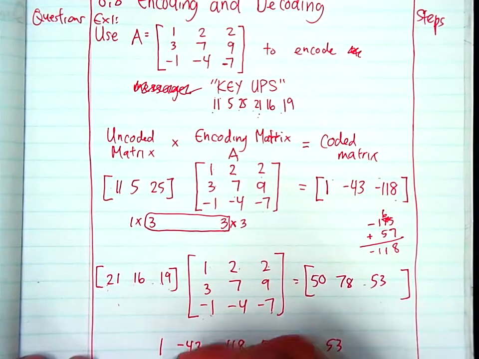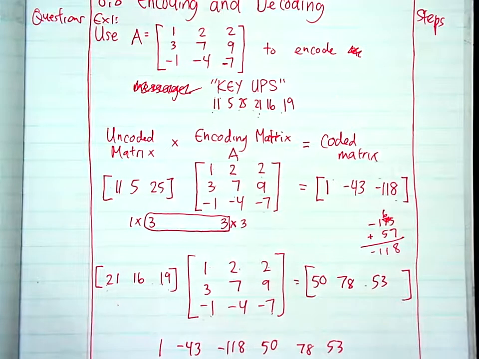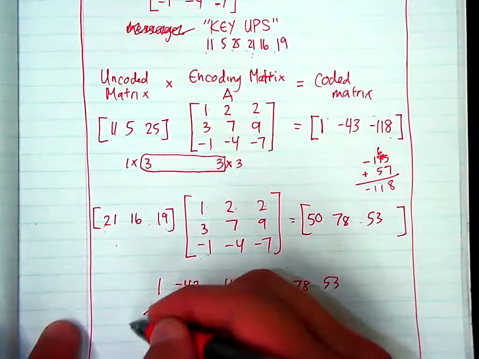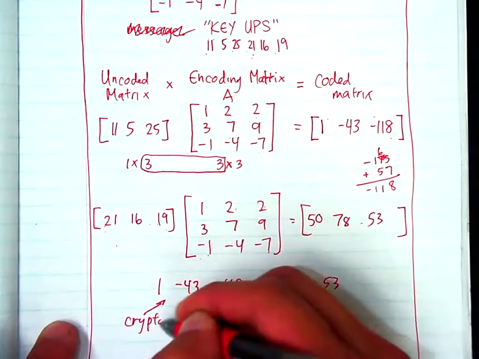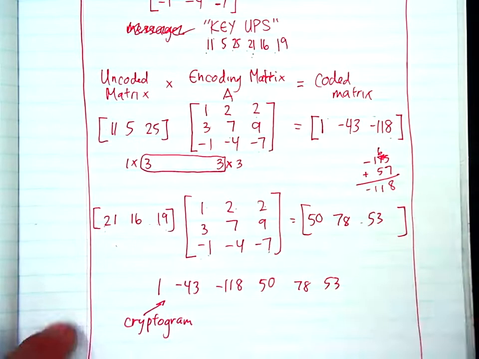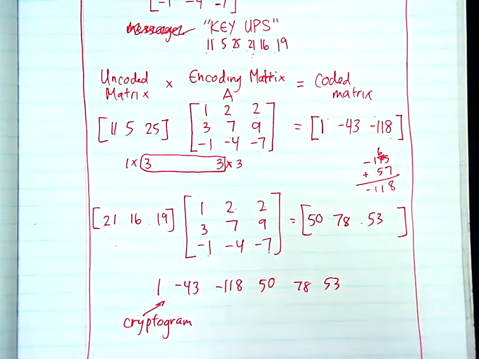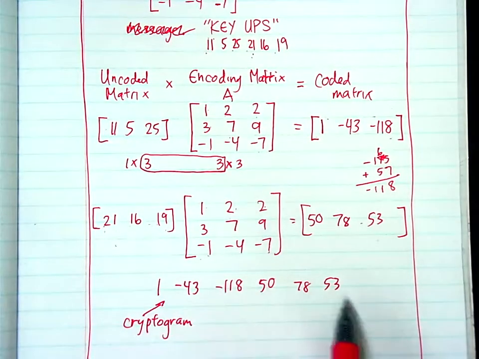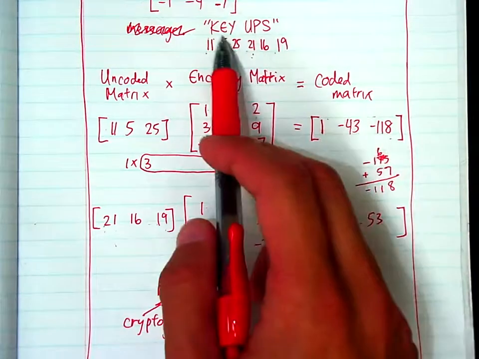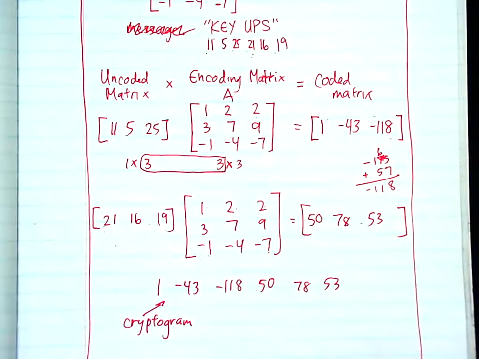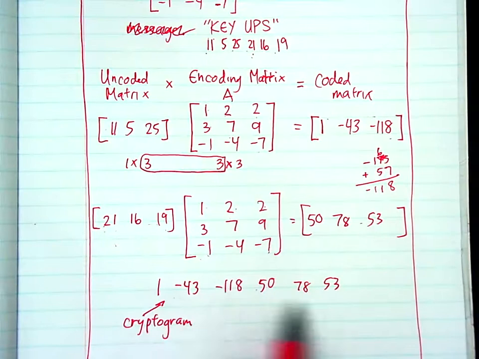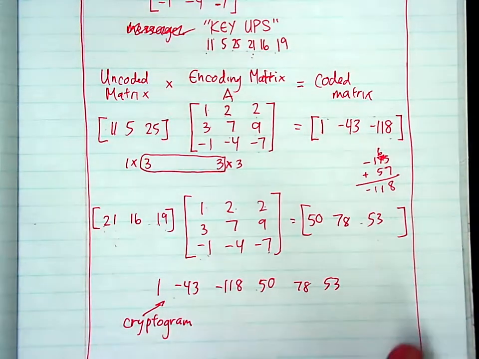This is called my cryptogram, which means this is my message that is coded. If I do decide to decode it, I would decode it and end up with the code key ups. But right now, you wouldn't be able to look at this and know that it says key ups.